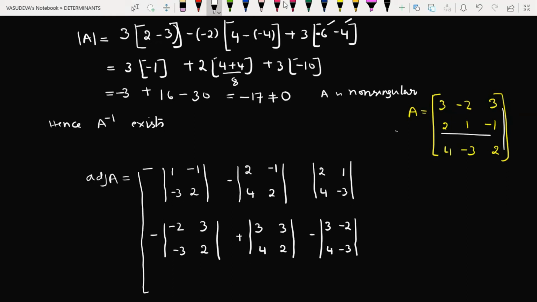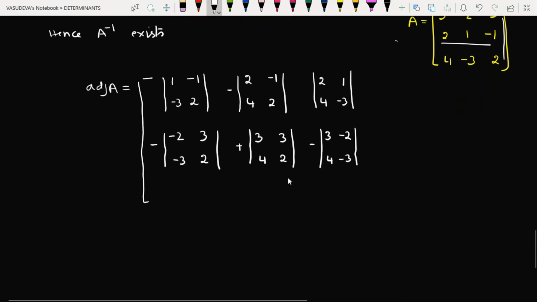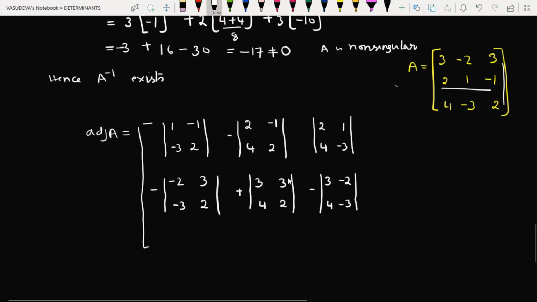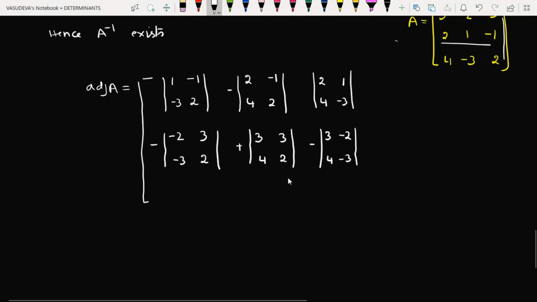Then after that, taking the next, the third row, plus, we have to take the cofactor of 4.